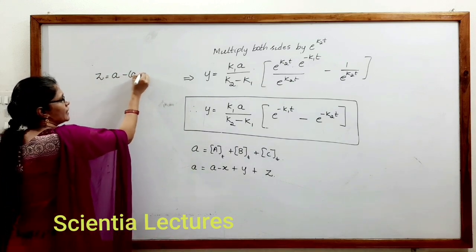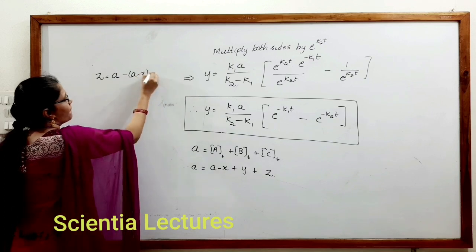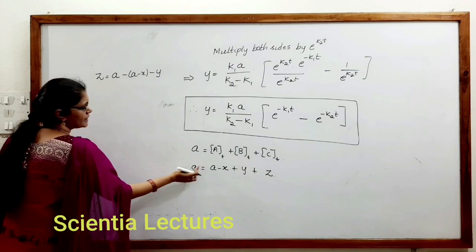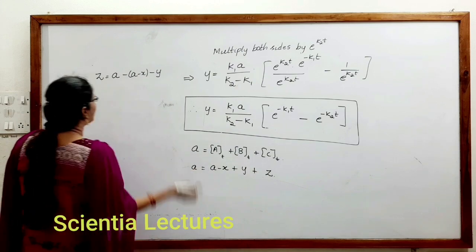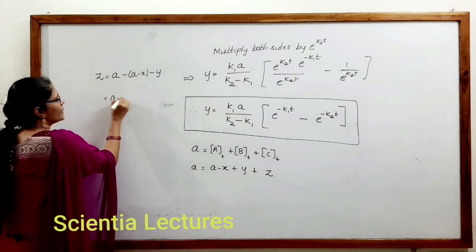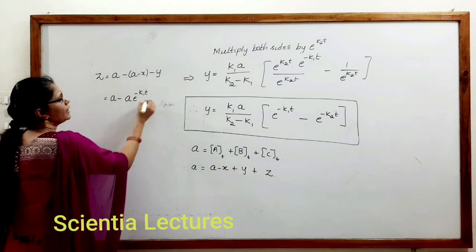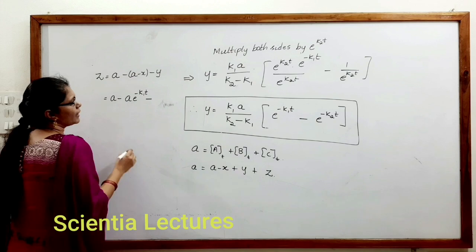So here you can write z must be equal to a minus x minus y. That is equal to a minus a e power minus k1t minus y. What is the y value here?